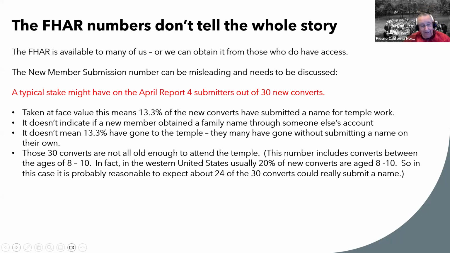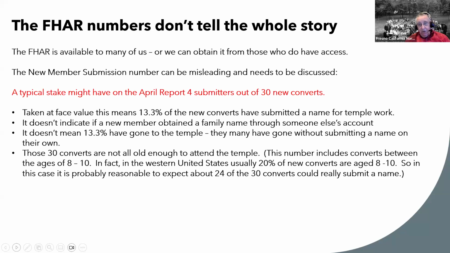So I asked around, I asked our area supervisor over our callings, and they said that typically about 20% of the new converts in California, or here in the West, are actually age 8 to 10.